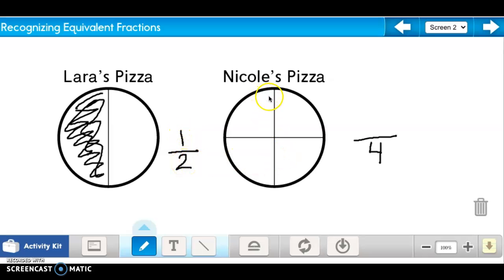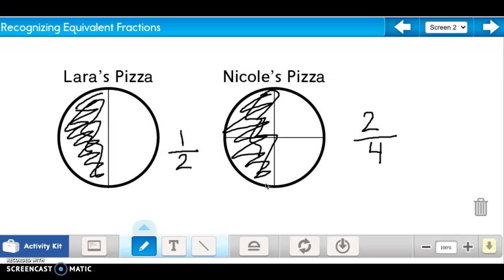And then we'll do the same thing with Nicole. We're going to shade this whole side, all of this right here. Now, how many pieces did we shade? 1, 2. So we shaded 2. The numerator is going to be 2. So, when you look at Laura's pizza and Nicole's pizza, if Laura ate this whole 1/2 and Nicole ate 2/4, is that the same?